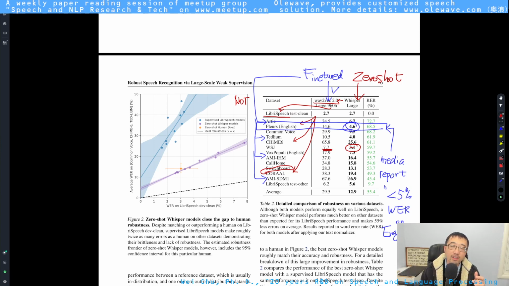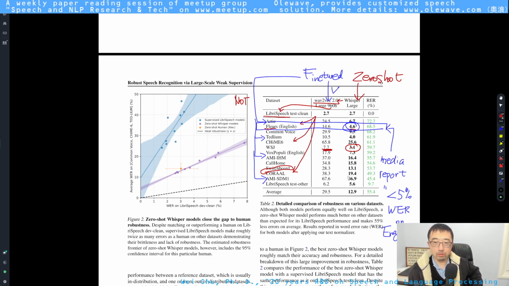This is why I think they want people to try their APIs, especially for English speech recognition. And you can see that the number they're talking about is actually referred to in table number 2. It's on the FLEURS dataset. You can see in Whisper Large, they get 4.6. This is what they're talking about, less than 5%.